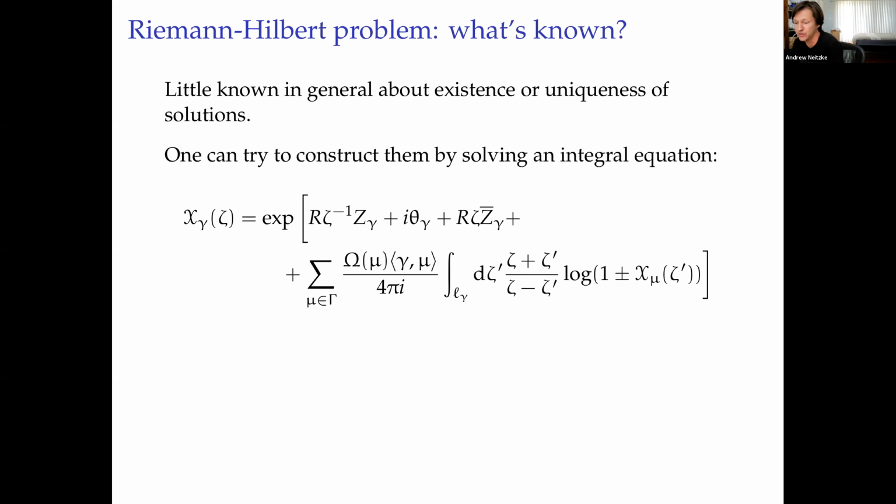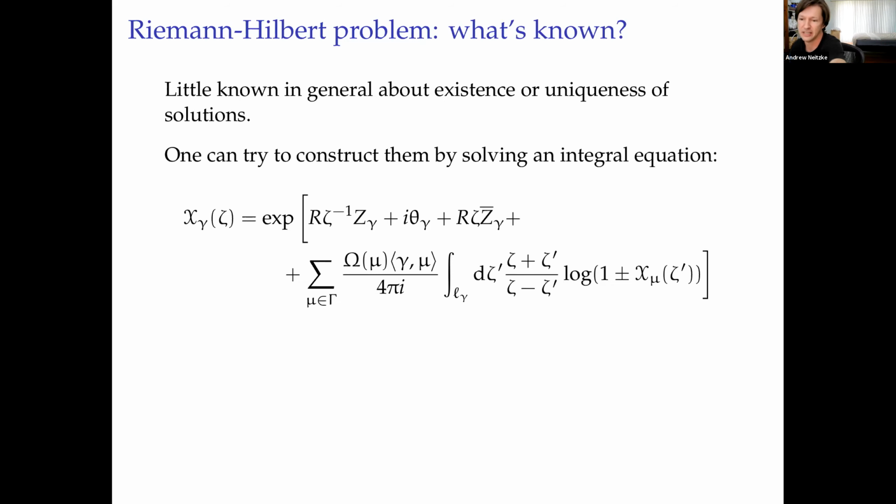So each x mu is getting integrated over the corresponding ray L mu with coefficient given by this number omega mu. You see all the basic ingredients, the z gamma, the theta gamma, and the omega mu, all get put into this integral equation. And this equation is engineered exactly so that its solutions, if it had solutions, would have the properties that they're supposed to have.